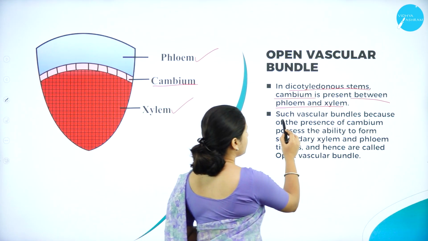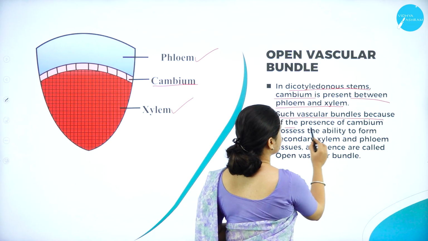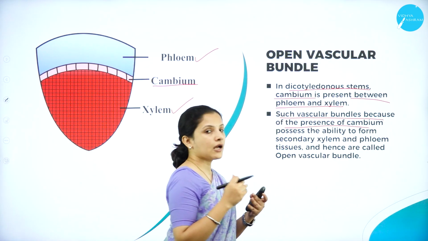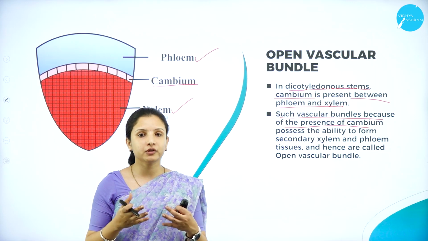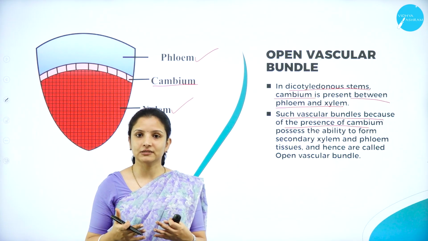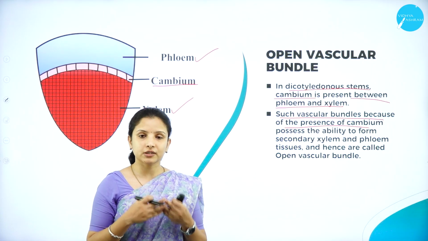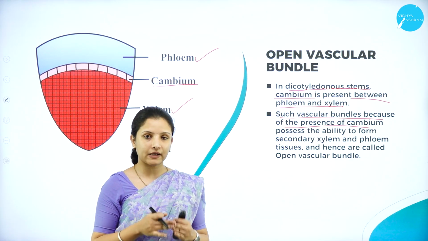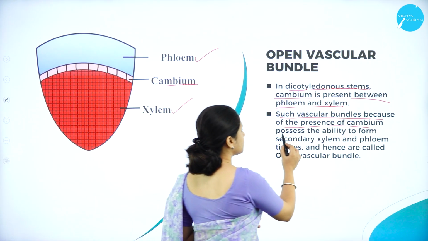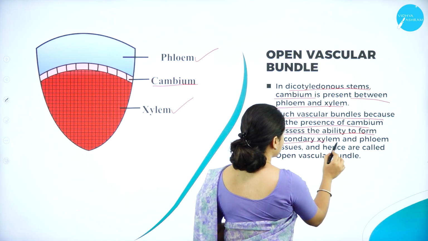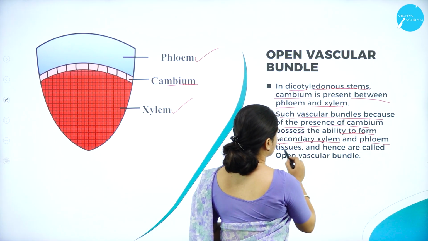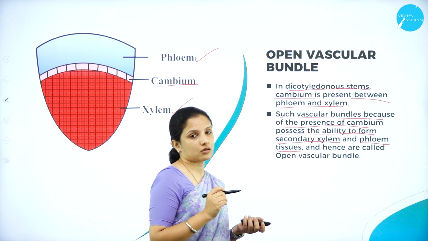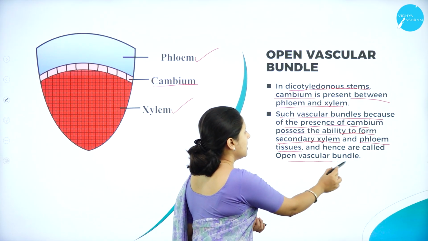Such vascular bundles, because of the presence of the cambium, have the ability to further produce the secondary xylem and the secondary phloem. So that is why they are called the open vascular bundle. They possess the ability to form secondary xylem and secondary phloem tissues, and therefore they are called open vascular bundles.